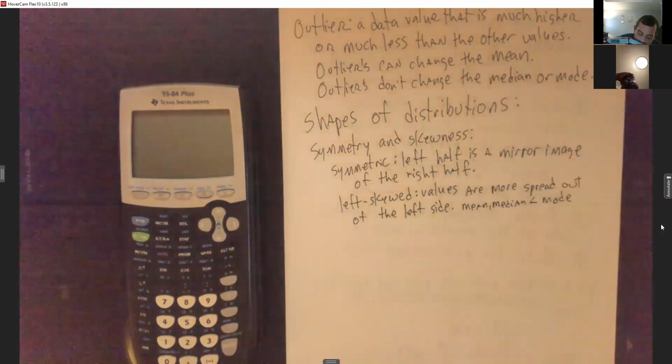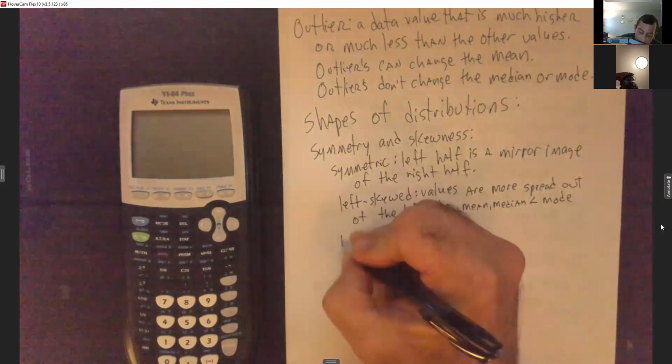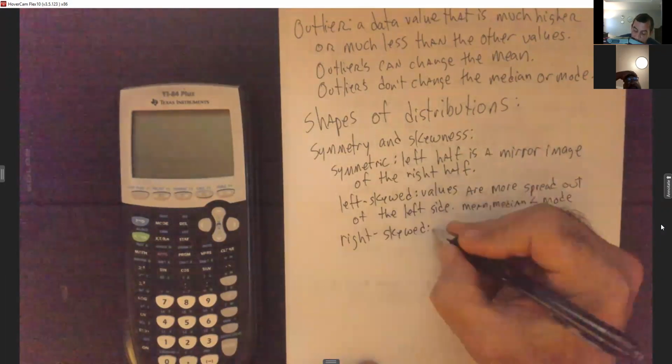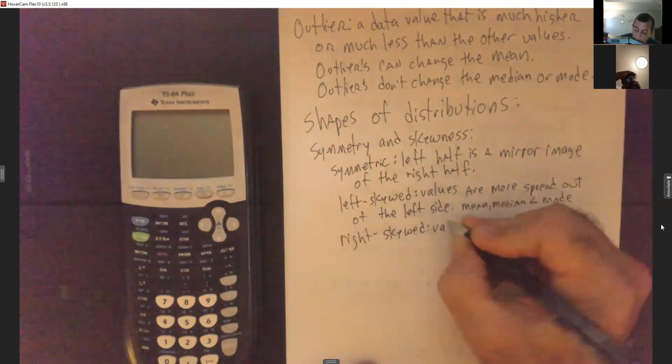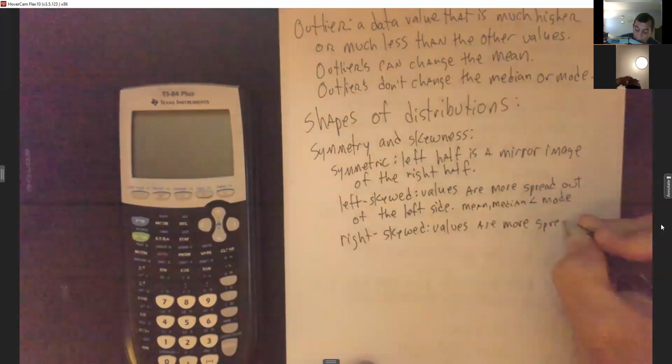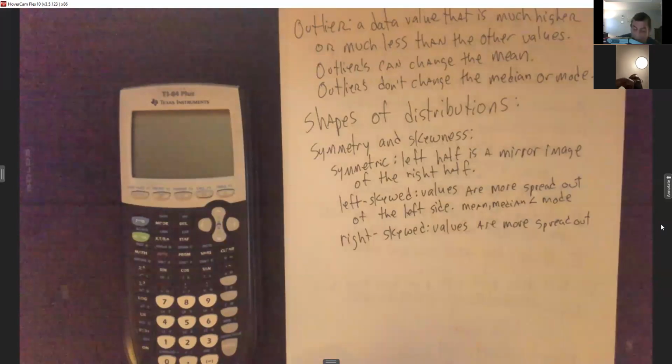And then finally we had the right skewed, and that's when the values are more spread out on the right side.